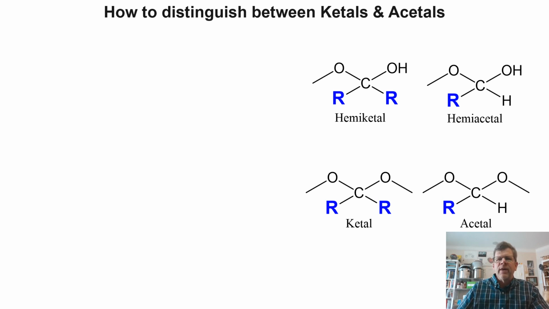Notice also that I've drawn these now a little differently. First of all, I've taken away a lot of the color coding, but we always have that central carbon in there. Those central carbons in any of these four are going to be important because we're going to be looking at what is attached to those central carbons in order to diagnose what the identity is.